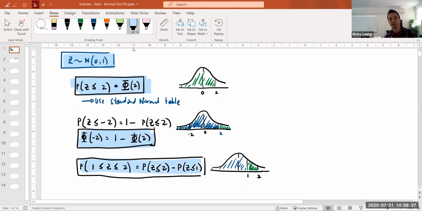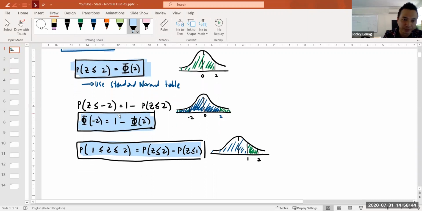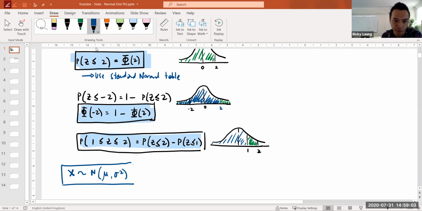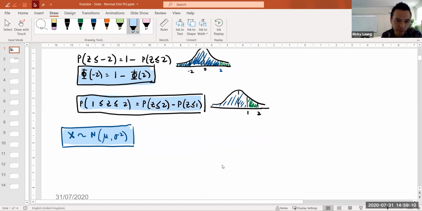So those three calculations are very common in this topic. Now, the next thing I did, that was what we did last week, although I didn't use the notation, I did calculations on that. The other point to make is, if you're ever given a random variable that is not standard normal, but is just normal with some mean and some variance, so a normally distributed variable, we don't actually have a table that has mean and variance.